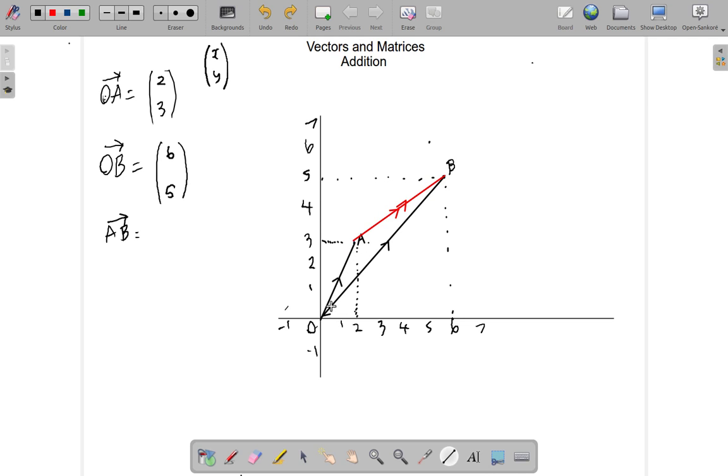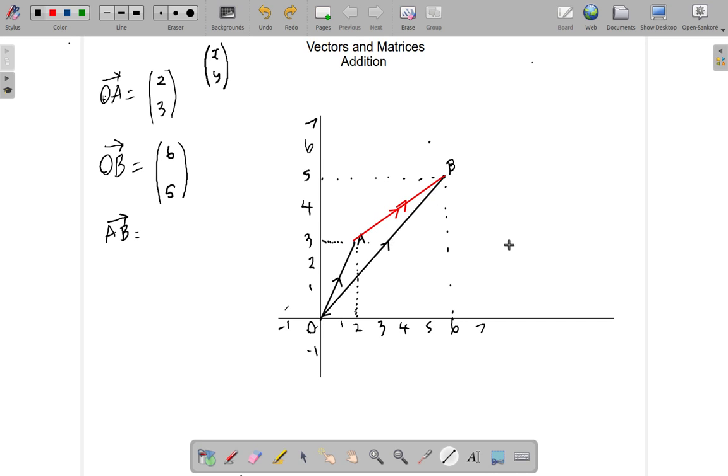Remember, when you add two vectors, the arrows must follow around the triangle that you form. The resultant must oppose the arrows on the two vectors you're adding. If you go along OB and turn the corner, the arrow on AB is opposing the arrow on OB, which is what it should be.